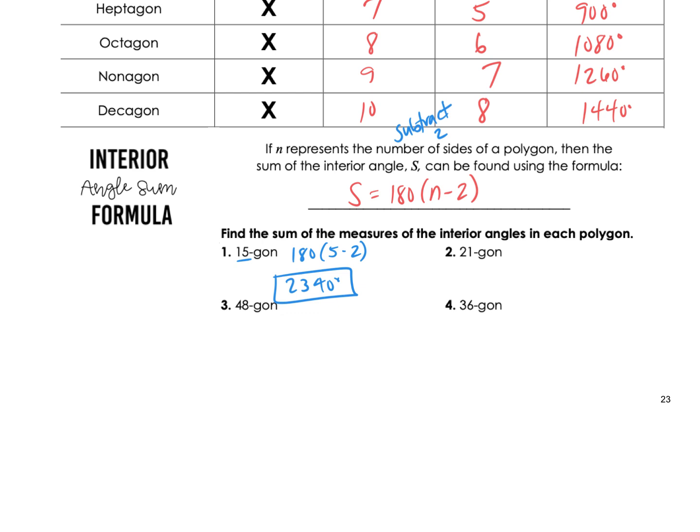All right, a 21-gon. I'm okay with you doing 21 minus 2 in your head and going, oh, this is 19 times 180. Either of those, number 1 or number 2, is fine. That shows me that you know what you're doing. So that works. This would be 3420 degrees.